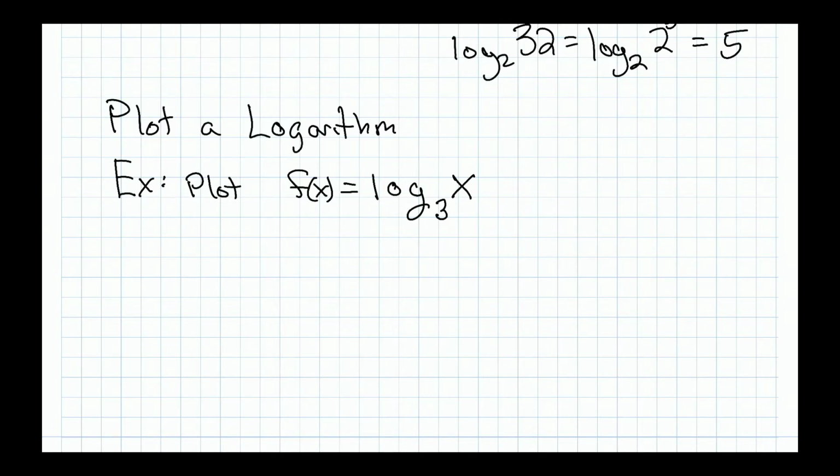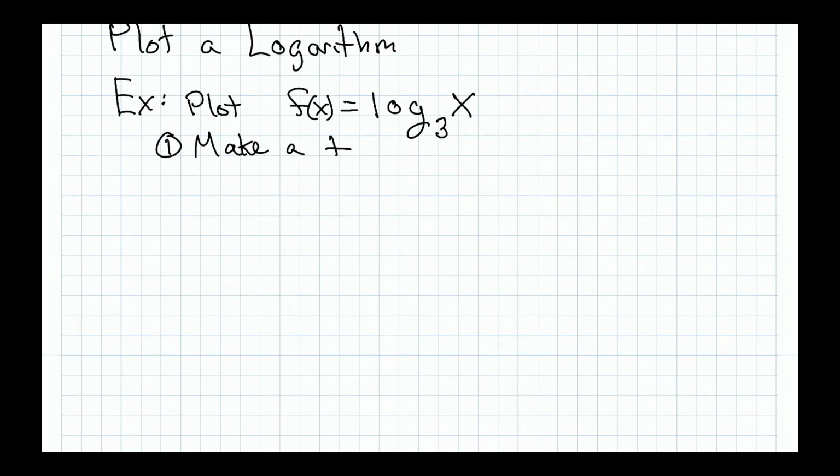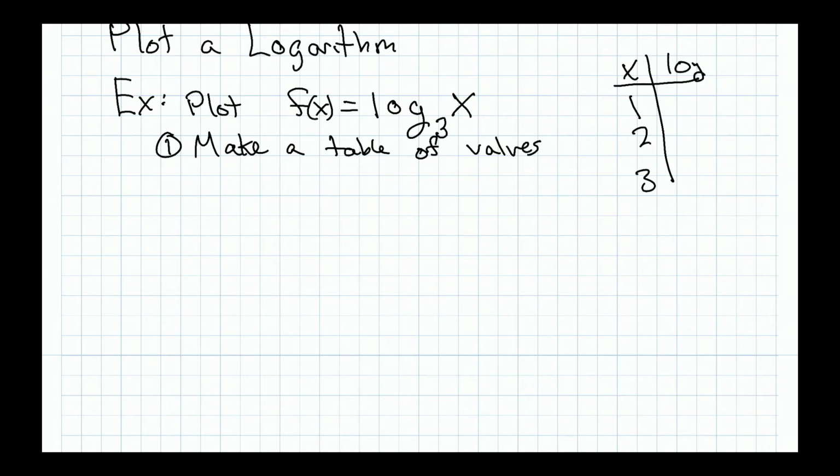Now, the way you do this is you need to make a table of values, just like you would for plotting just about anything. However, you don't want to just use any random x values. You want to use special x values, right? Because if I made a table of values like this, which is not the one I'm going to use, and I go like 1, 2, 3, and then you have log base 3 of x.